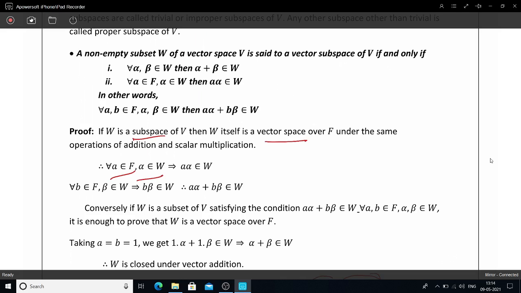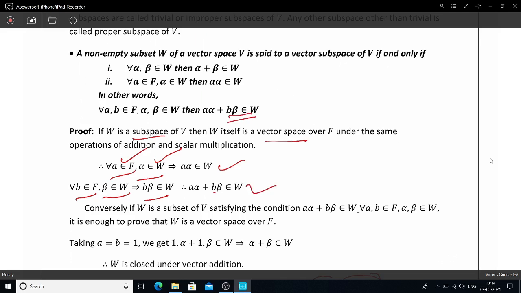Alpha is a vector. Then their product A alpha belongs to W. I mean, if A belongs to F and alpha belongs to W, then A alpha belongs to W. Similarly, B belongs to F, beta belongs to W, then the scalar multiple of the vector, that is B beta, belongs to W. If I add these two, what do we get? A alpha plus B beta belongs to W, the standard result.